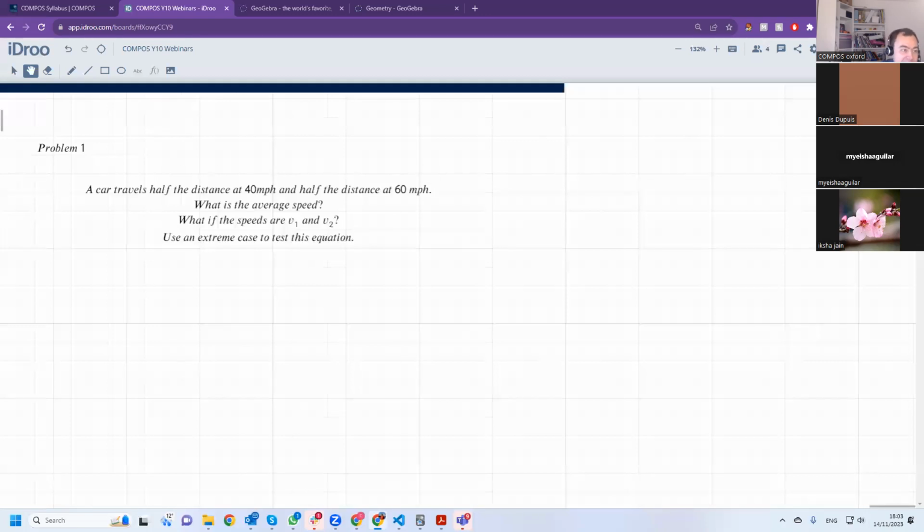A car travels half the distance at 40 miles per hour and half the distance at 60 miles per hour. What is the average speed? Can somebody give me an answer?